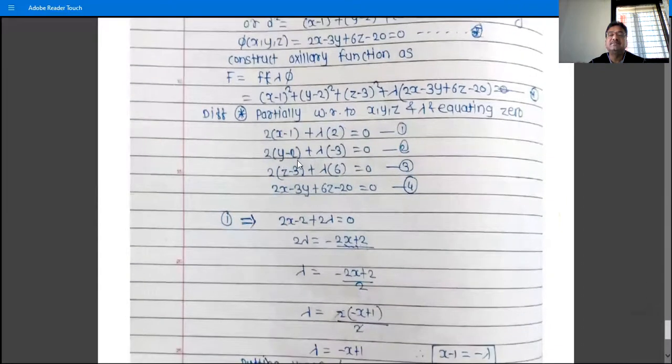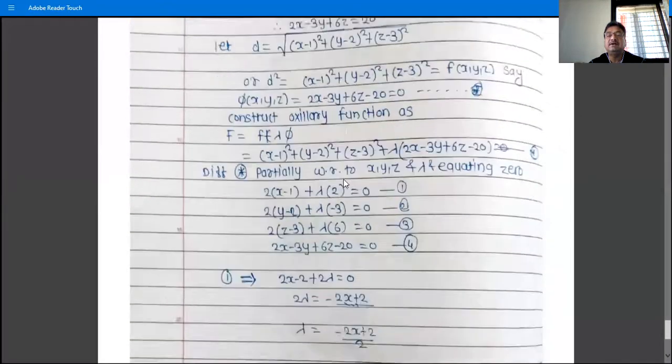So we have equations number 1, 2, 3, 4. Obviously, equation number 4 is the given condition.